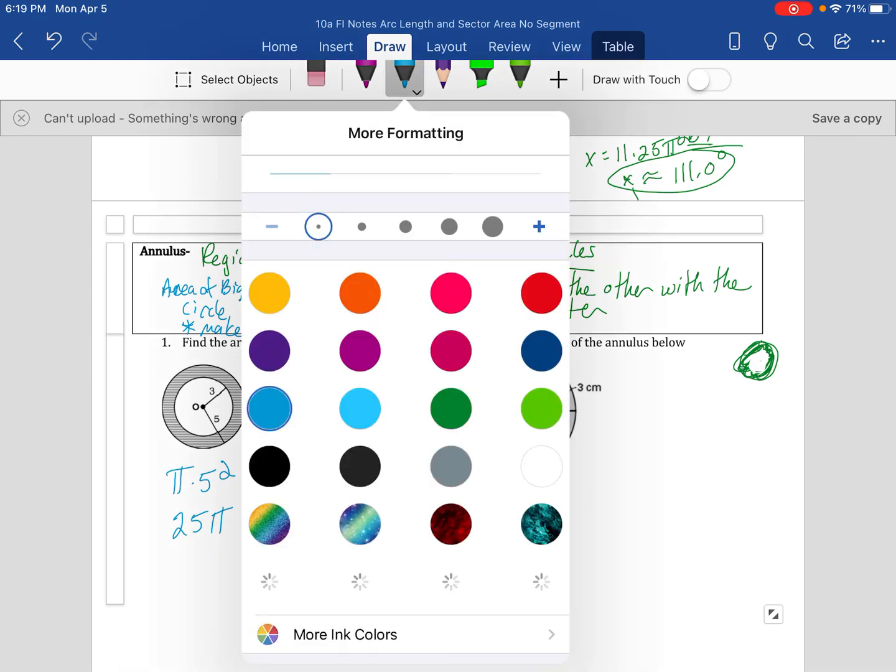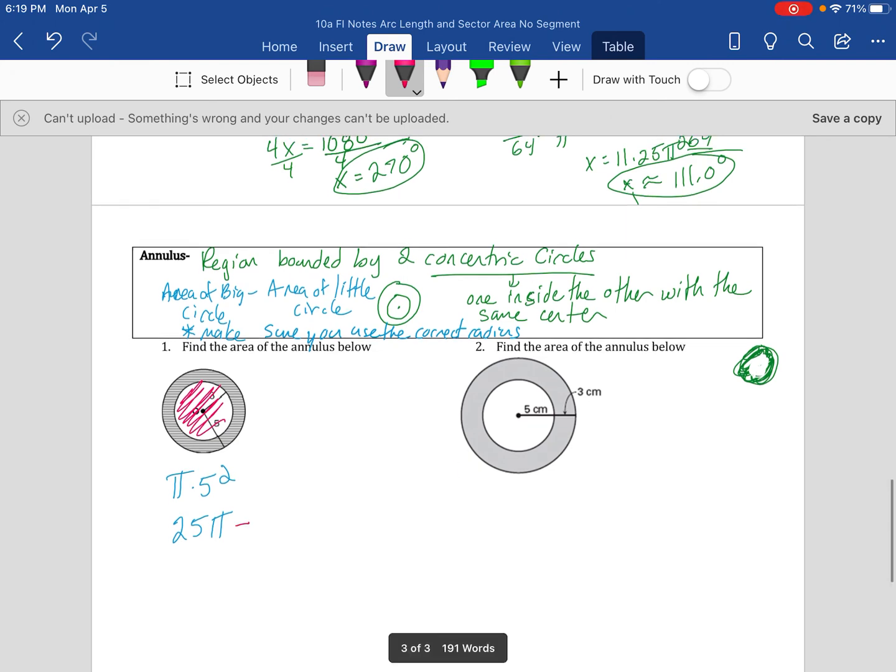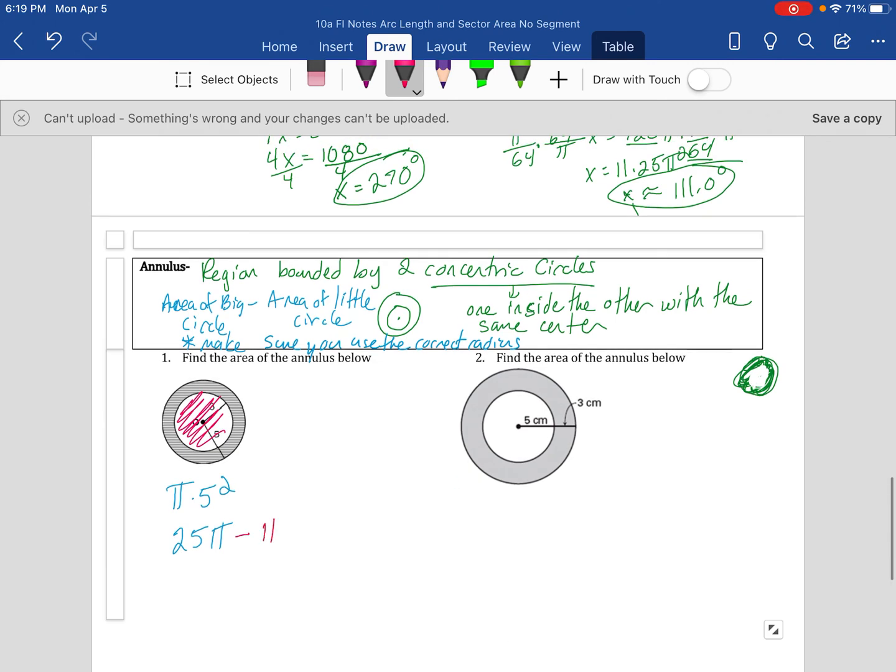Basically, we're going to subtract the area of the inside right here, and that will give me the area of just the outer bound. So it's going to be minus pi times 3 squared, which is 9 pi. And 25 pi minus 9 pi is 16 pi units squared.